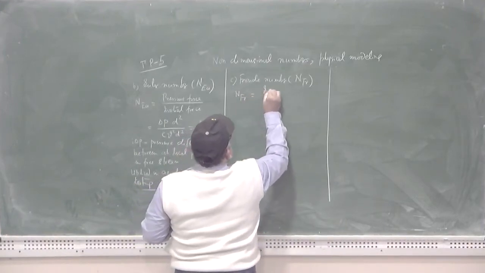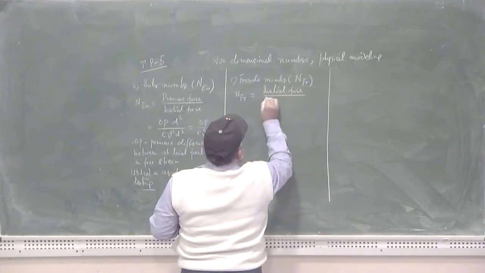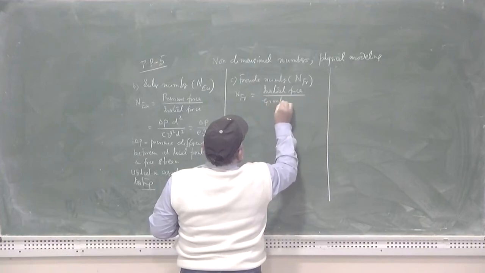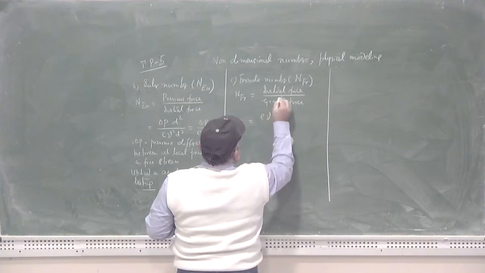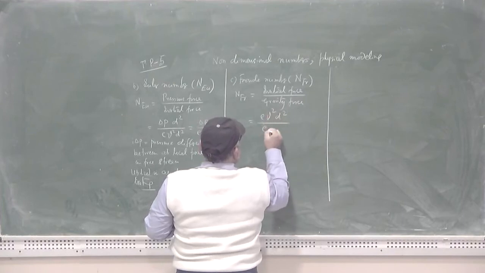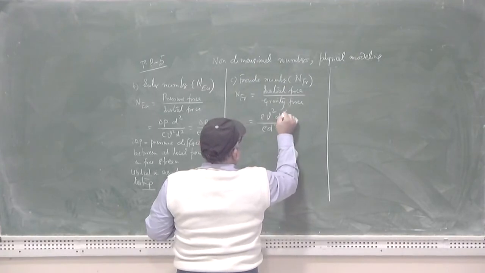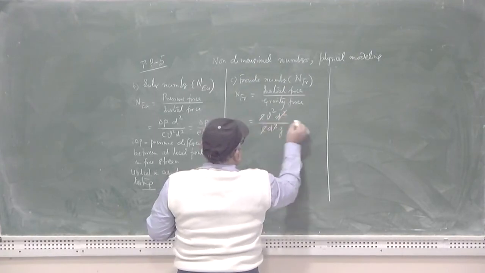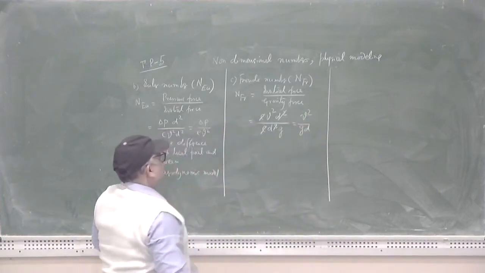This is defined as inertial force divided by gravity force, that is equal to rho v square d square divided by rho into d cube, mass into g. The d square will get cancelled, and that is equal to v square divided by g into d. This is your Froude number.